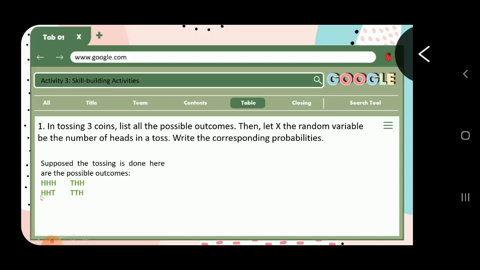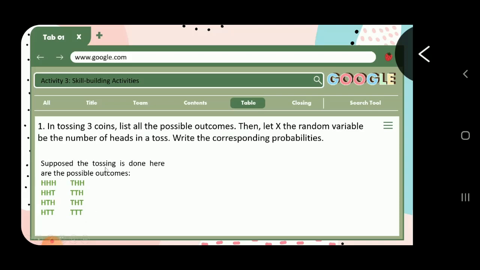Posible pod mogawas kay duha ka head o isa ka tail. Or pwede pod, duha ka tail gauna, dayon isa ka head. Or head, tail, head, tail, head, tail. Or head, tail, tail, dayon tail tanan. So, mao ni sila ang possible outcomes kung itoss nato ang 3 coins dungan.